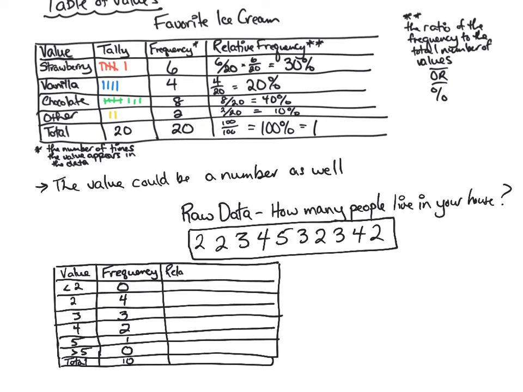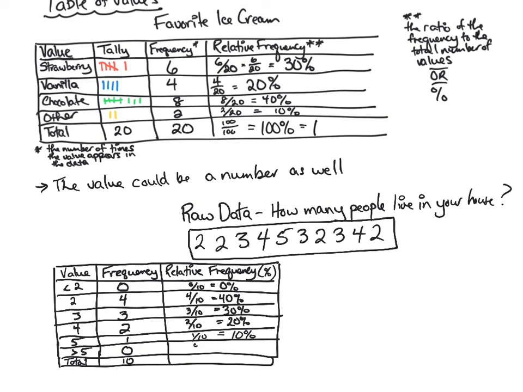Relative frequency. Okay, and if you want to help you remember, you want to put percent in there. 0 out of 10 equals 0%. 4 out of 10 equals 40%. 3 out of 10 equals 30%. 2 out of 10 equals 20%. 1 out of 10 equals 10%.